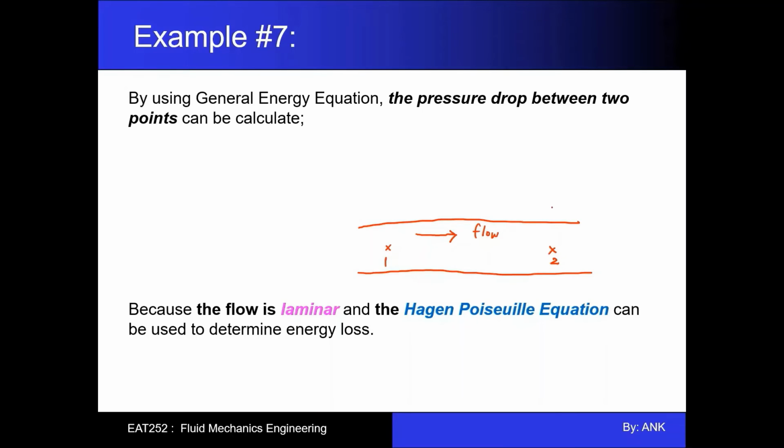And the diameter of the pipe, D, is 0.005 meter. From the question we know that the distance of this water flow from point 1 to point 2 is 85 meter.